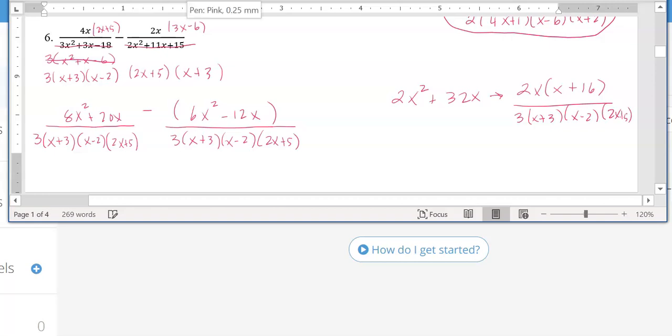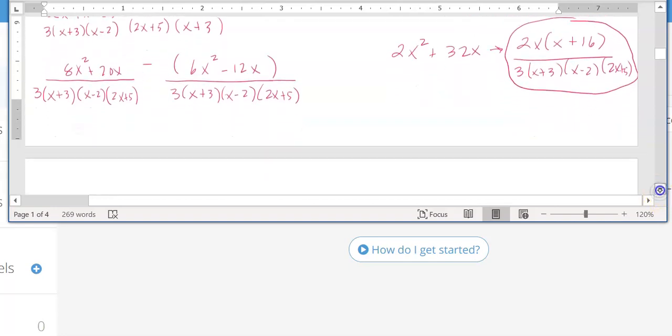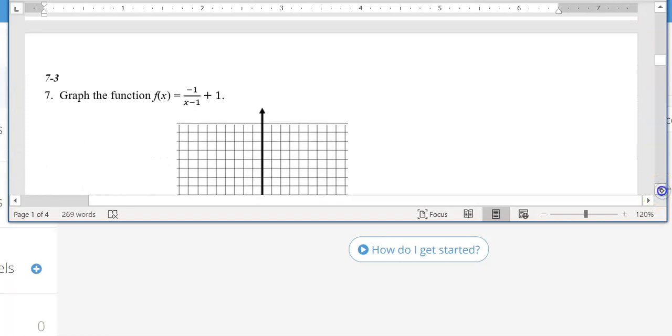I wasn't able to cancel anything as a result of that factoring, but it's always good to make sure you don't leave an answer that could be simplified. You lose points if it could have been simplified and you don't. So always train yourself to factor if possible. All right, and so there's our answer for number 6.